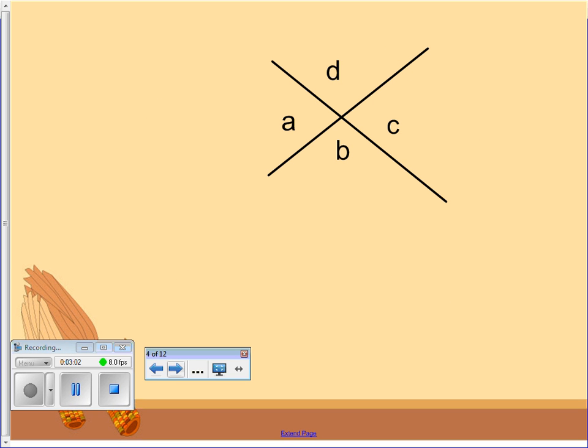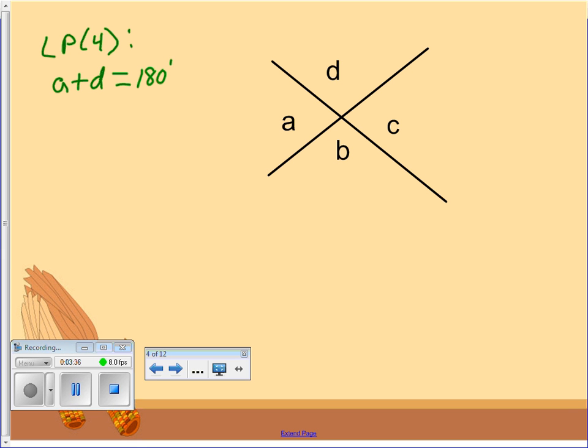Now, whenever you see two intersecting lines, you need to be conditioned in your head to come up with 7 equations. There are 4 from linear pair, and there are 2 from vertical angles, and then there's one more. So let's look at our linear pair, and we said there are 4 of them. From this figure, A plus D is going to be 180 degrees.